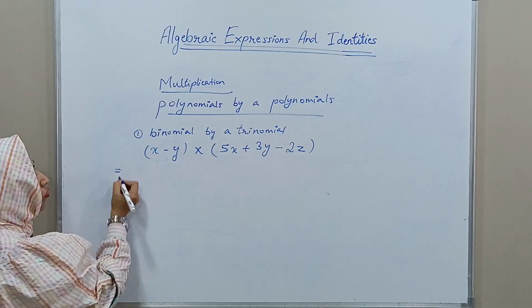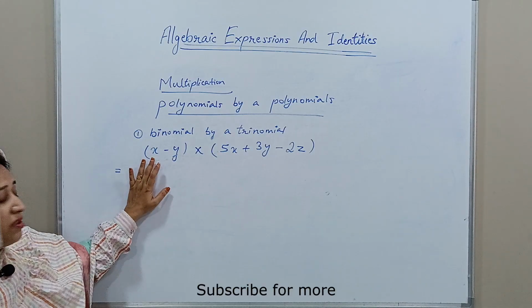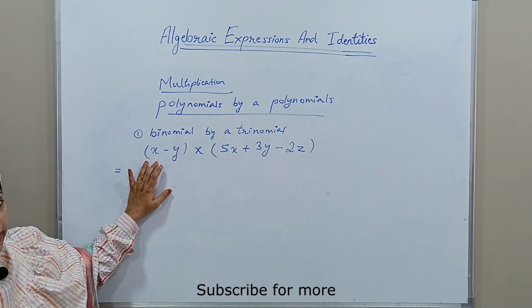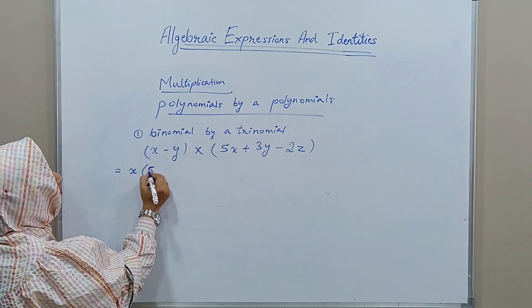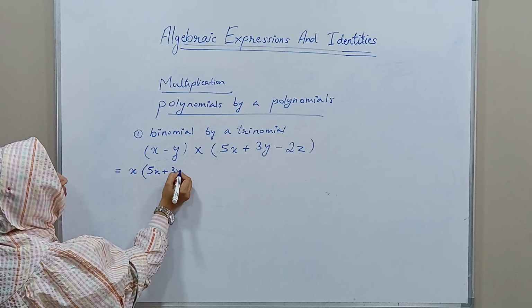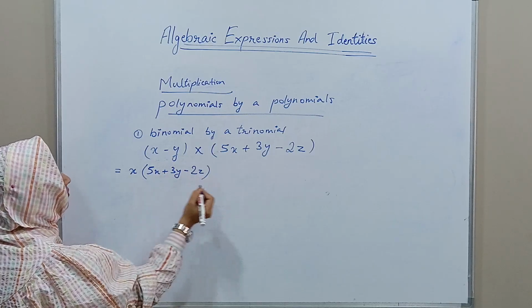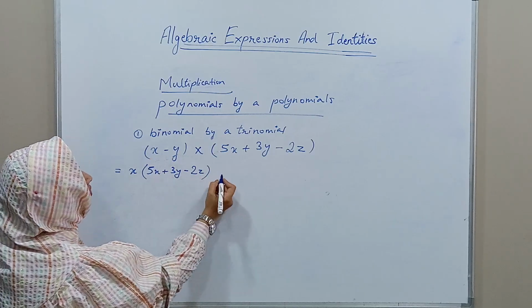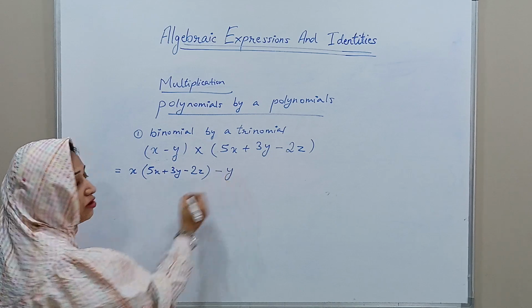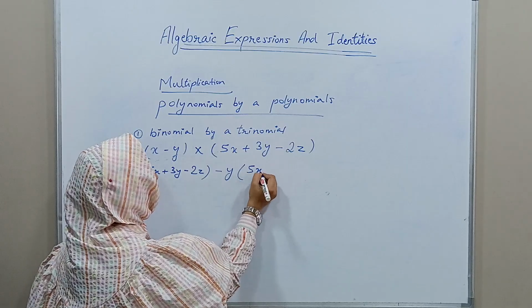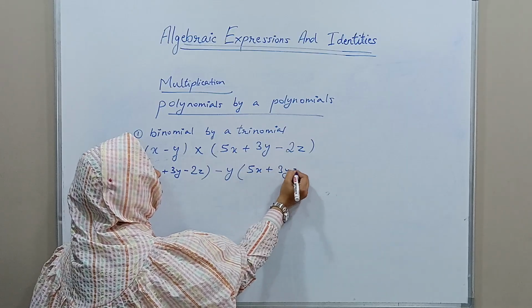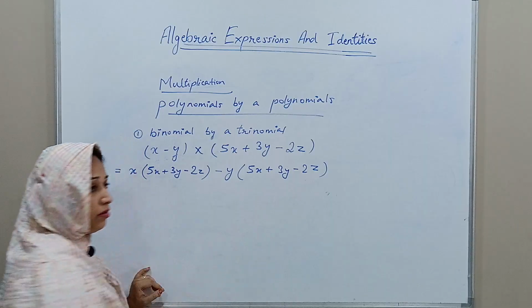So what we have to do, first take the first term of the binomial, that is x, and multiply the complete trinomial. Write as it is. Then we have a minus sign, so put minus the second term of the binomial y, then the complete trinomial 5x plus 3y minus 2z.